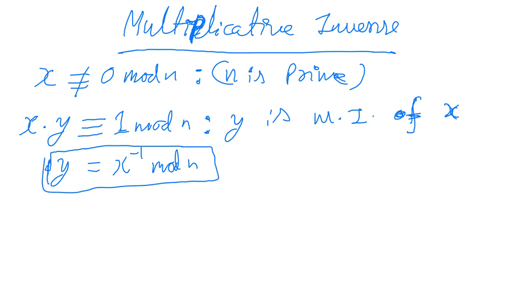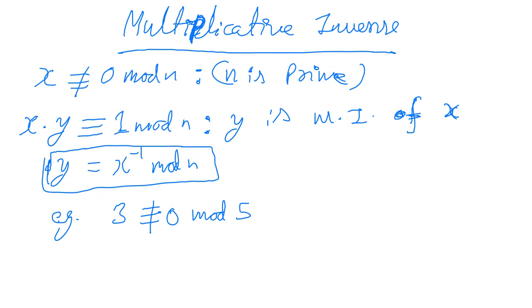All right. Let's take an example. We say that 3 is not congruent to 0 mod 5. Then 3 must be congruent to 1 with respect to some other number.